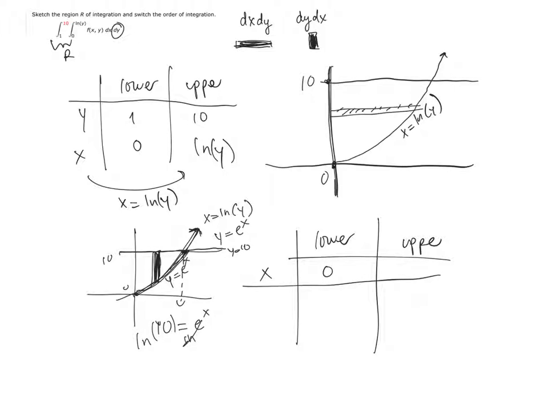The natural log and the exponential cancel, so you get natural log of 10 equals x. So at this point right here is natural log of 10. So you have the lower bound from 0 to the upper bound of natural log of 10. And the lower bound is the lower curve, and the top curve is y equals 10. So you have e to the x to 10.